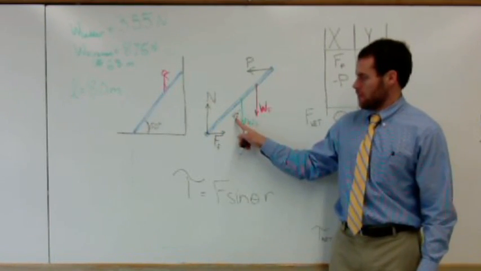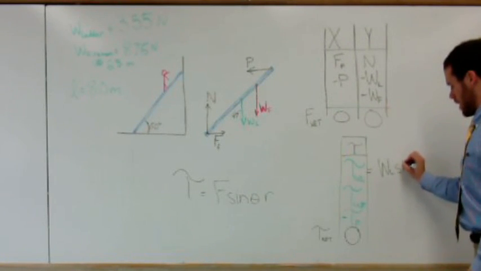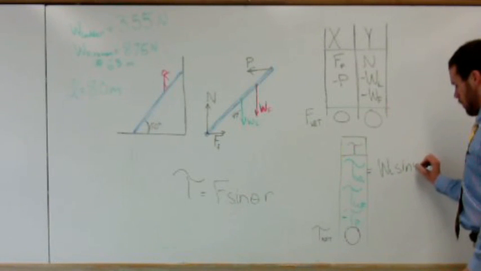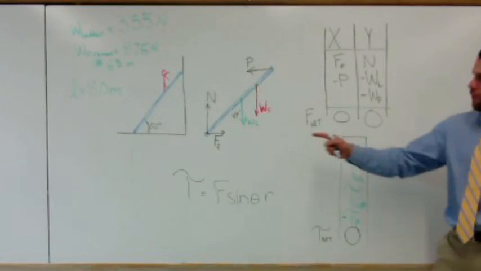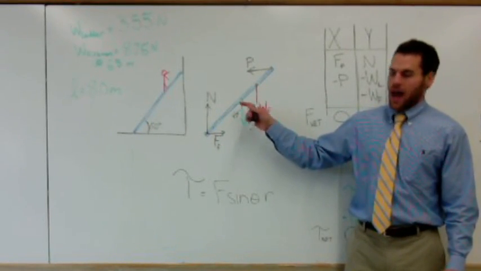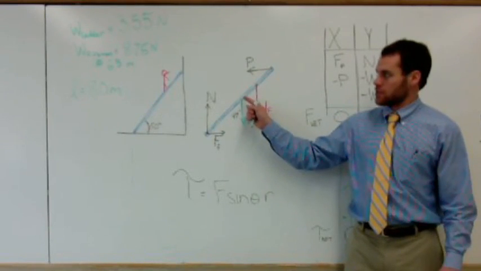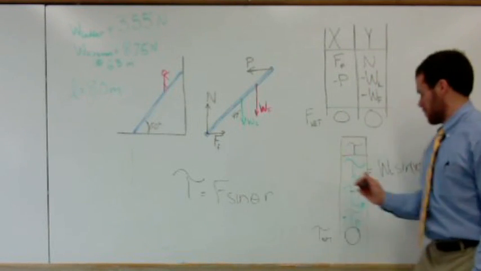Same for up here, 40 degrees. So, weight of the ladder, sine 40 degrees, times the radius, how far down the ladder this was. The weight of the ladder is going to act halfway down the length, so if the ladder is 8 meters long, this is going to be at 4 meters.